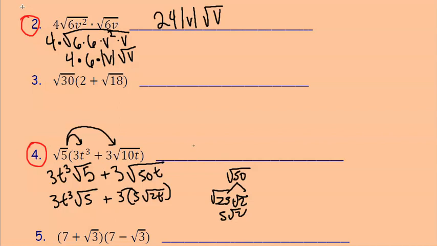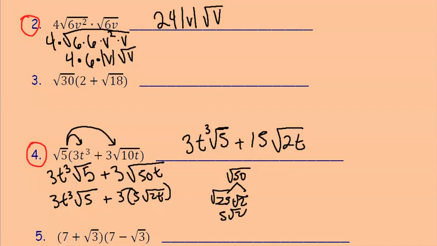So our simplified expression would be 3t cubed times the square root of 5 plus 15 square root of 2t. You could put the t cubed at the end of this, but just to make it look like it's not underneath the radical, I put it right here.